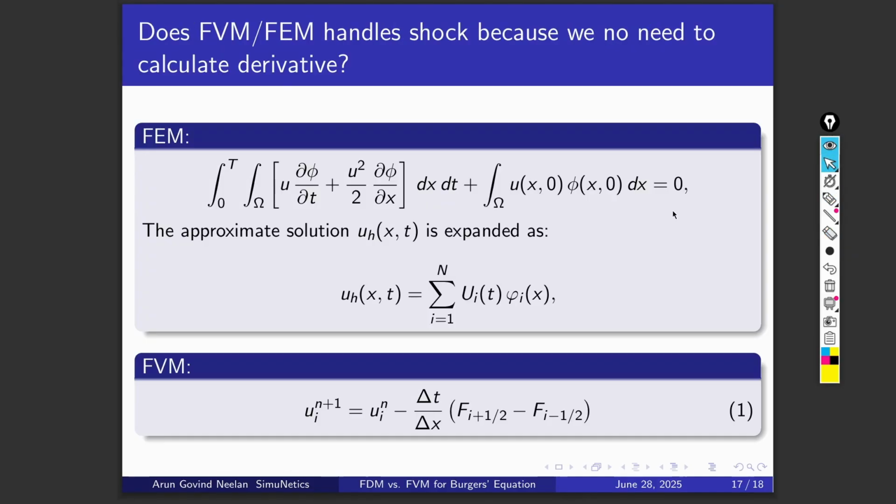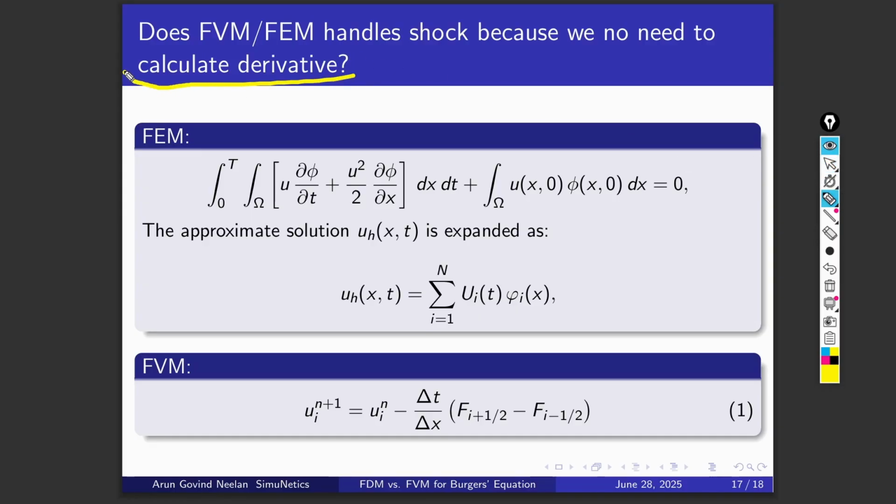So now you may have a question. We know the finite volume methods use an integral formulation and the finite element method uses a weak form which reduces the derivative requirement by one. So are they able to handle shocks because they reduce the derivative requirement? Is it the right statement?